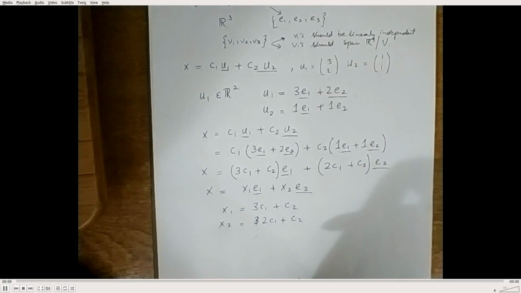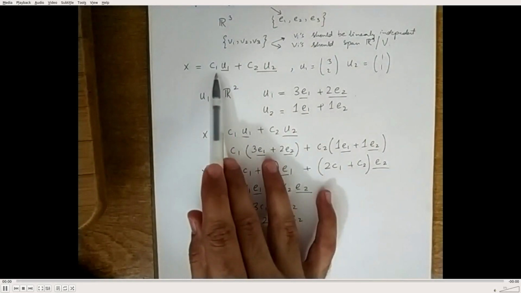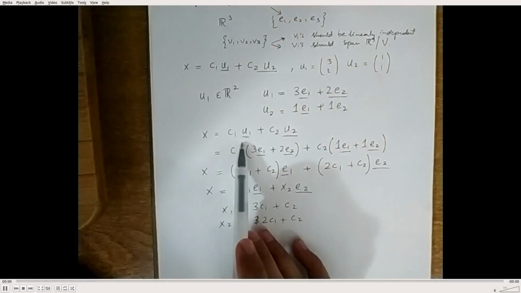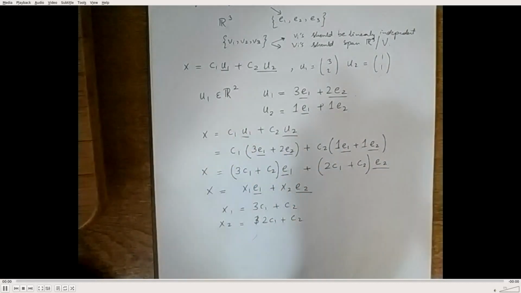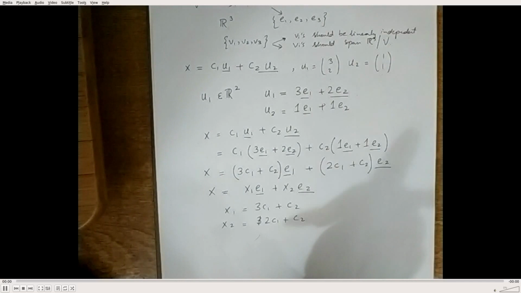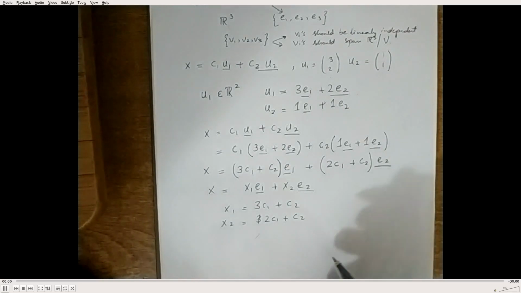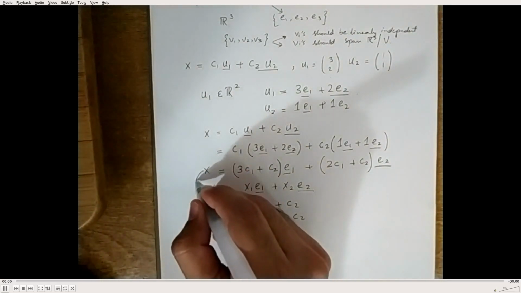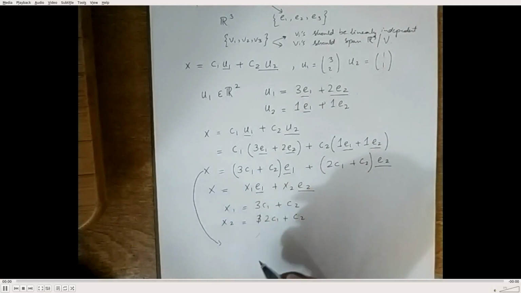Okay, but how does this tell me how to go from these coordinates to these coordinates in a general setting? Let's make this a bit more convenient for us. Let's write this again and express it like this.